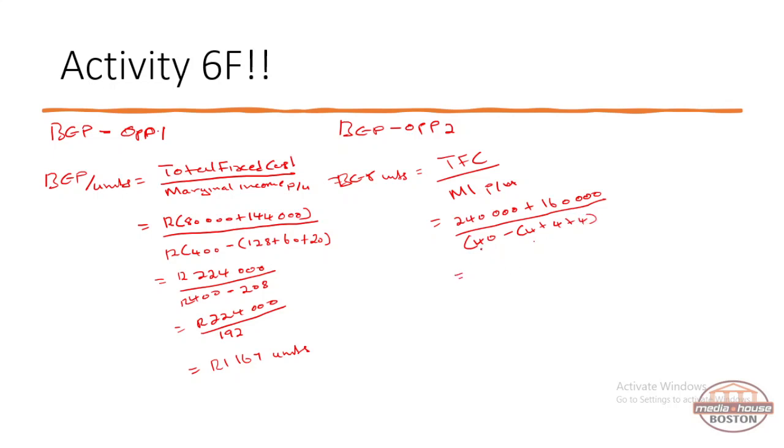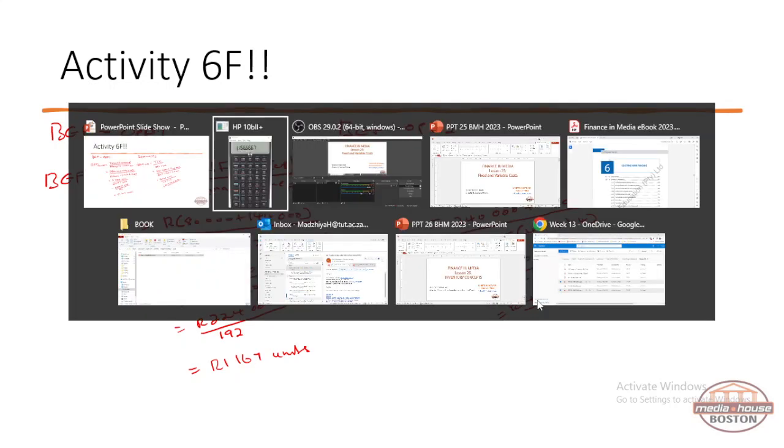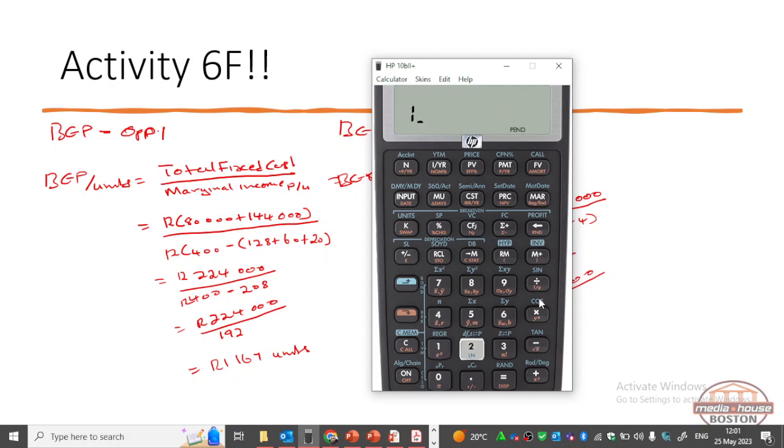So therefore we are going to have 240 plus 160, that's gonna give us 400,000. All of this will therefore be divided by the marginal income per unit, which is going to be 40 minus 4 plus 4 plus 4, this is gonna give us 12. So let's confirm, 40 minus 12, that will be 28.